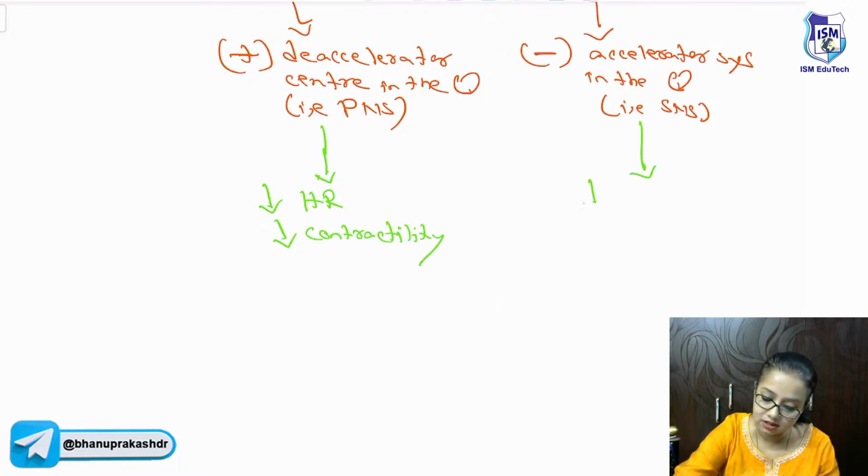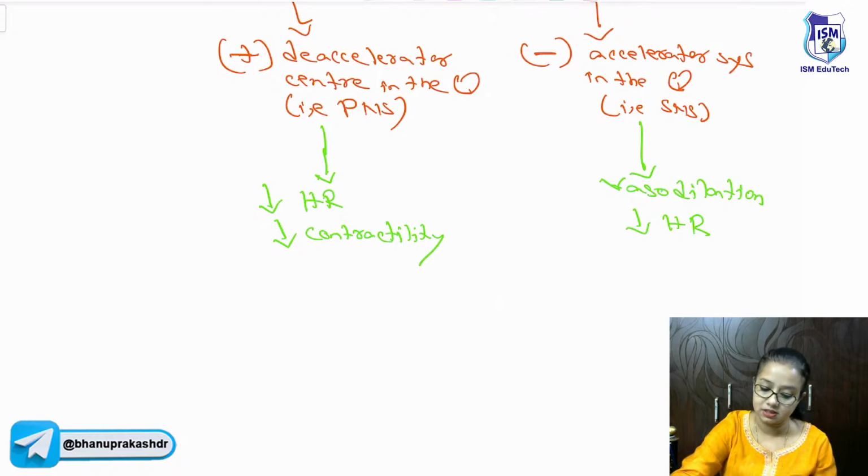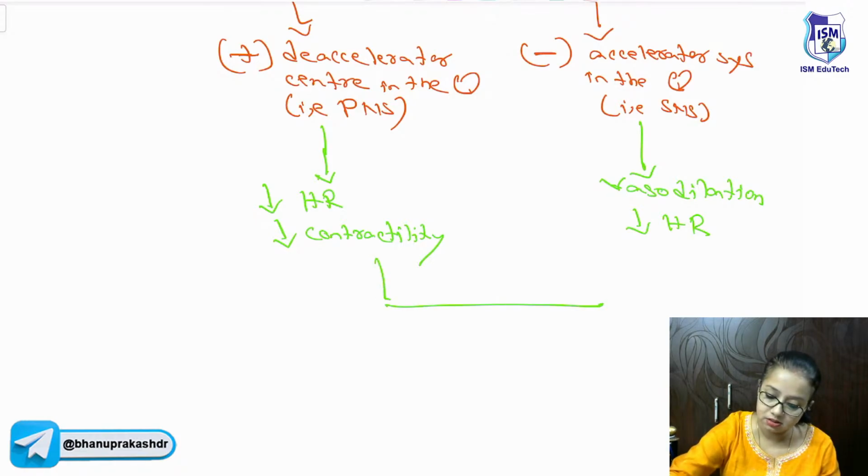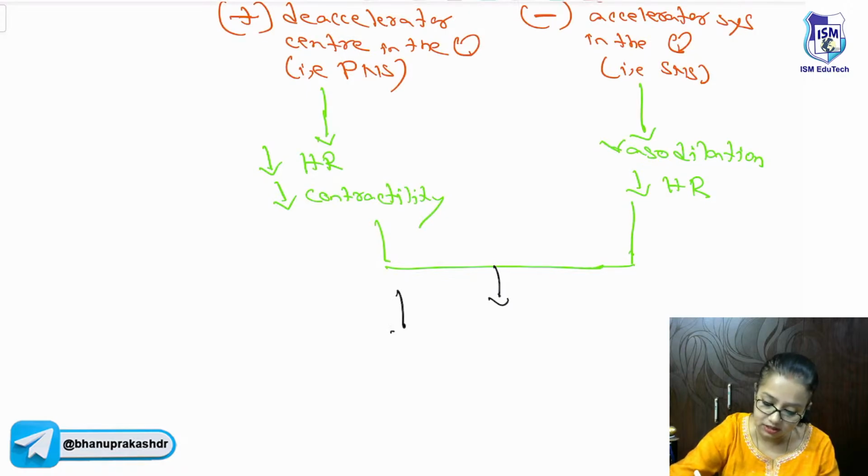And the inhibition of the sympathetic nervous system will cause vasodilation and will also decrease the heart rate. Together this will ultimately decrease the blood pressure back to normal.